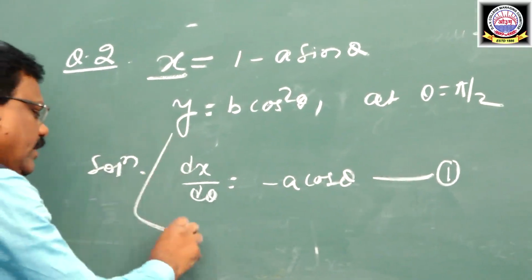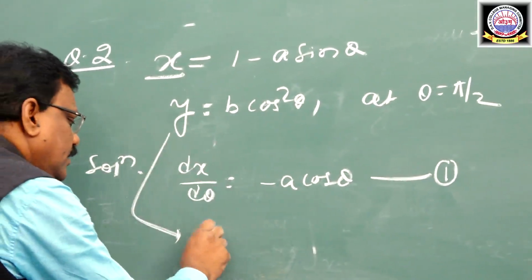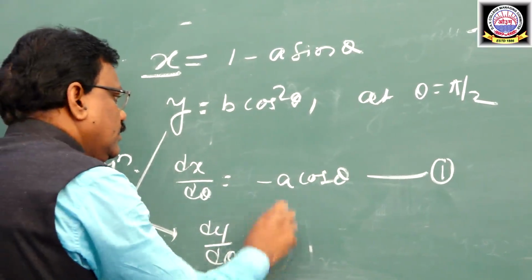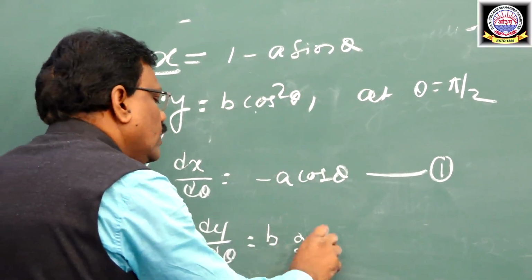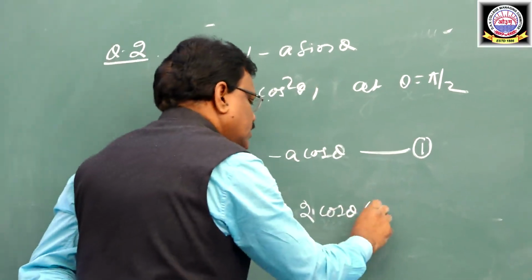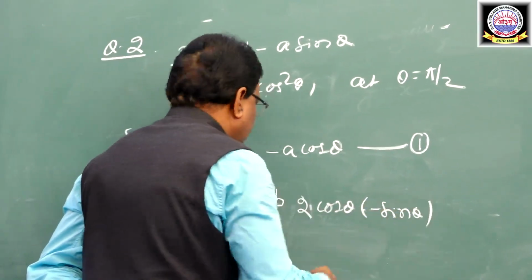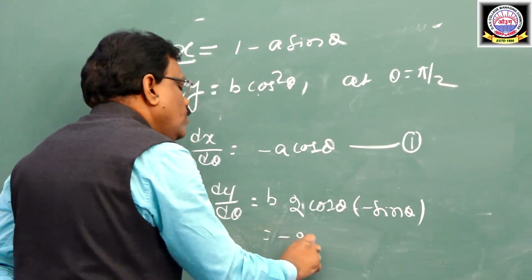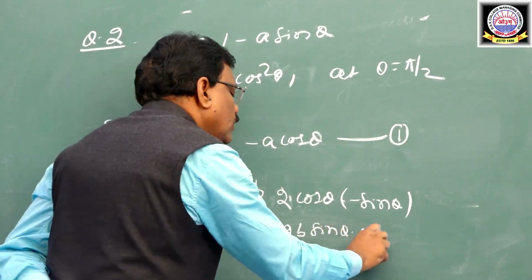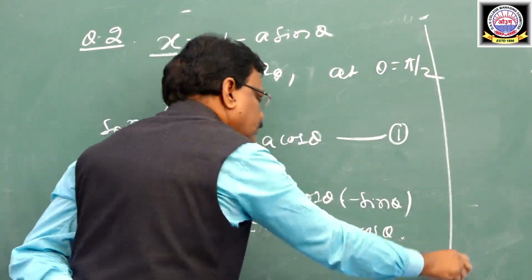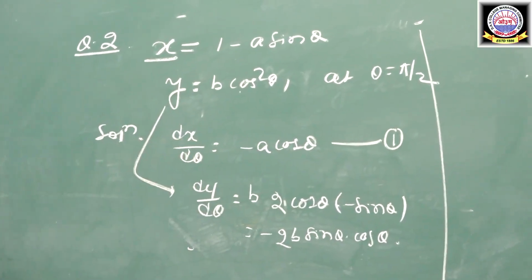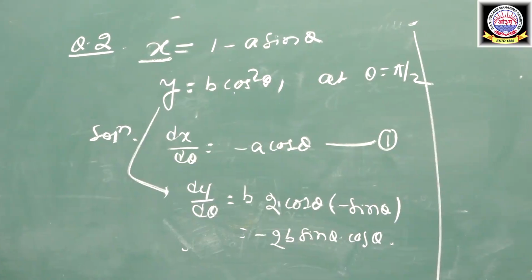Similarly, derivative of y with respect to theta, dy by d theta is equal to b is the constant term, cos square theta, 2 cos theta, and by using the chain rule, the derivative of cos theta is minus sin theta. So it is minus 2b sin theta into cos theta.